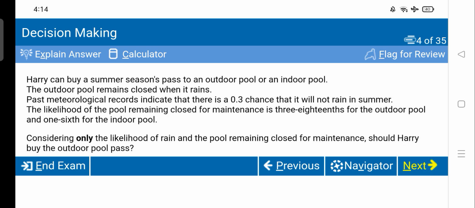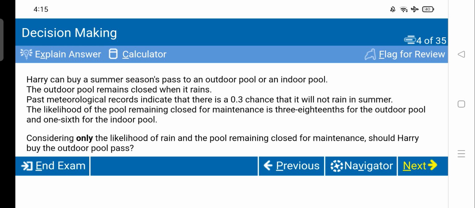Harry can buy a summer season's pass to an outdoor pool or an indoor pool. The outdoor pool remains closed when it rains. Past meteorological records indicate that there is a 0.3 chance that it will not rain in summer.